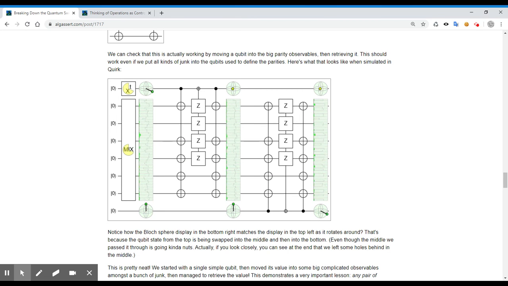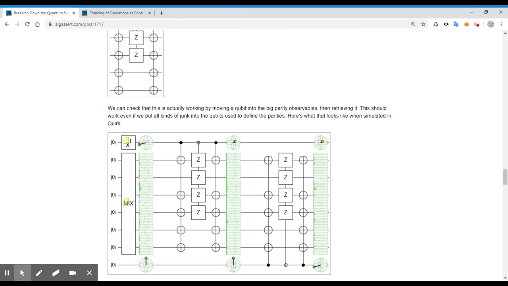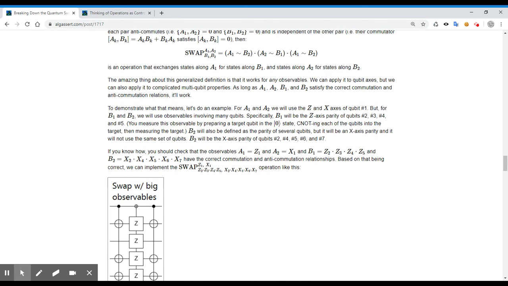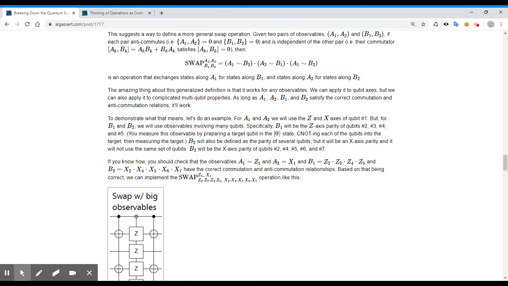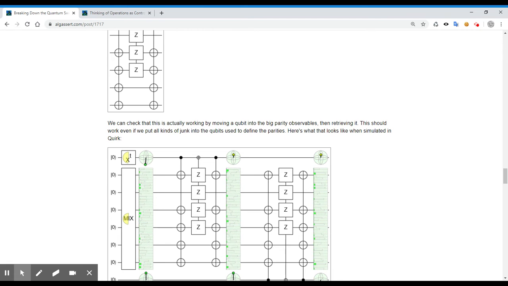We can check that this is actually working by moving a qubit into the big parity observables. Again, what are you kind of swapping here? It's a bit abstract in terms of how you can check that. This should work even if we pulled all kinds of junk into the qubits used to define the parities.